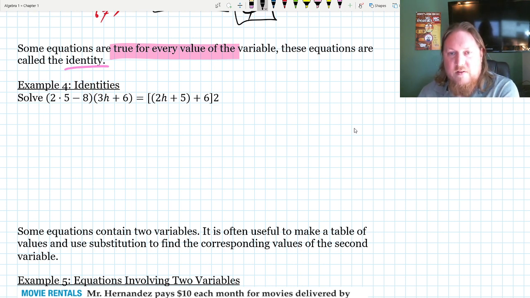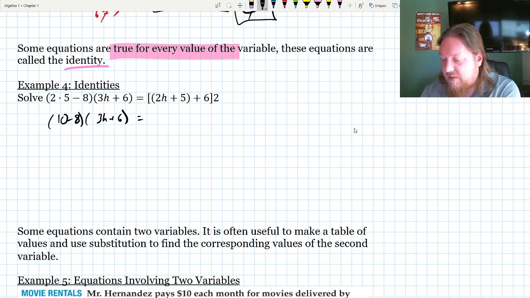It's got all kinds of parentheses. It looks like I got a lot of work to do with order of operations. But once I get down to that, then it'll just be some basic stuff. So let's start applying some order of operations here. 2 times 5 is 10 minus 8. 3h plus 6. Nothing's going to simplify there for now.